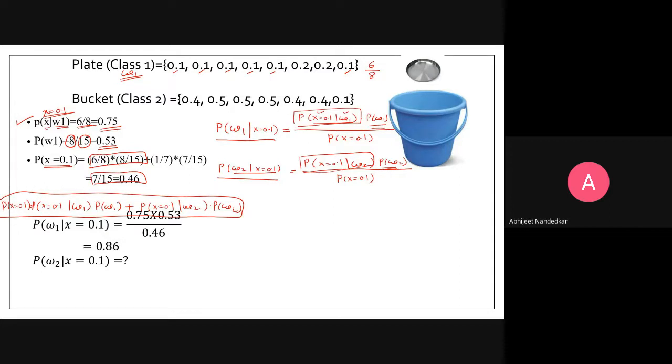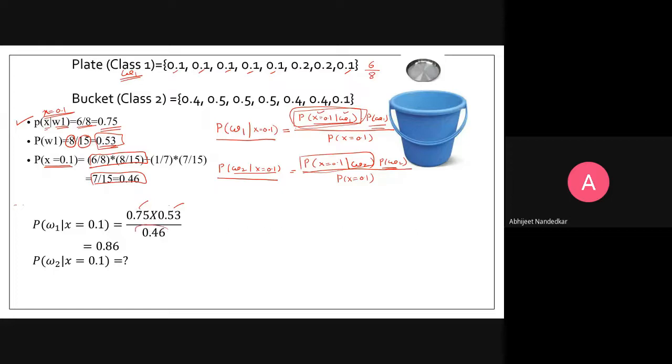Now everything is known to us. We can use Bayes to find out what is the probability of omega 1 given x is equal to 0.1. The first quantity here is 0.75, that is written here. Then the chance of omega 1 is 0.53, which is calculated here.